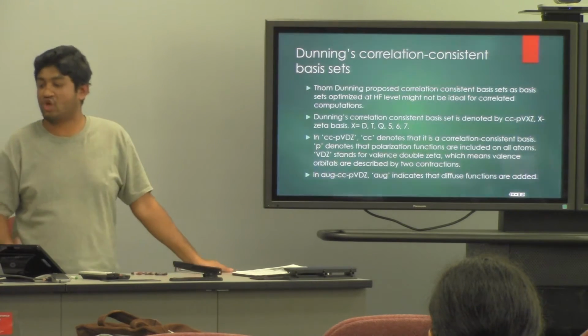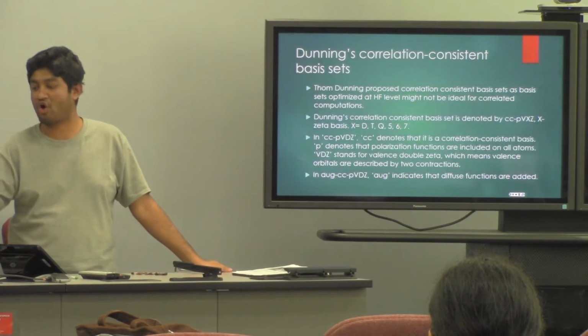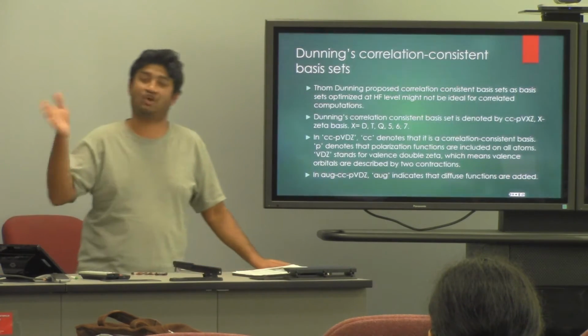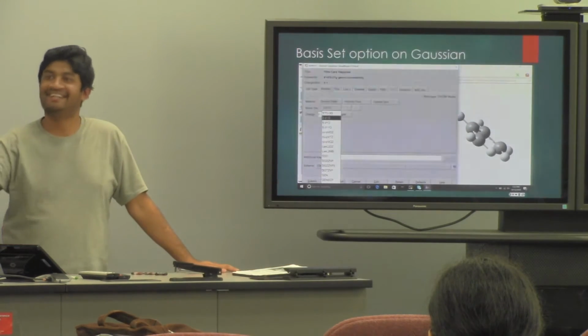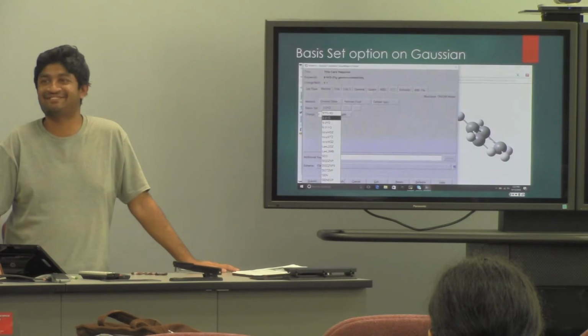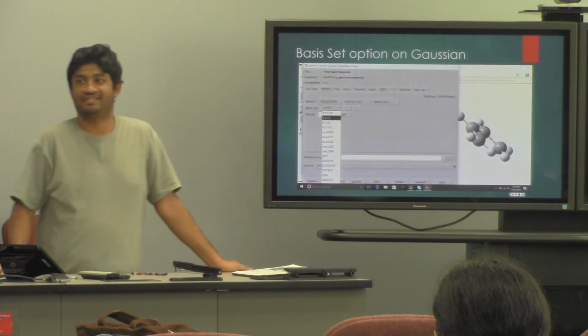And if a prefix of aug is kept here, then the aug indicates that diffuse functions are also added to it. And here is the Gaussian; in Gaussian, we can use the basis sets from this group.